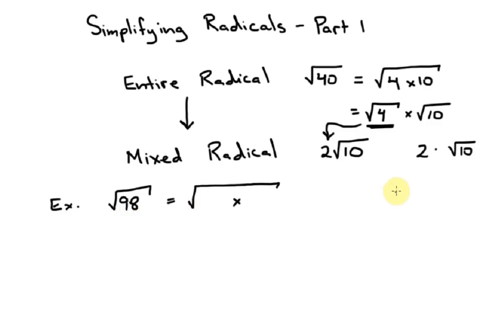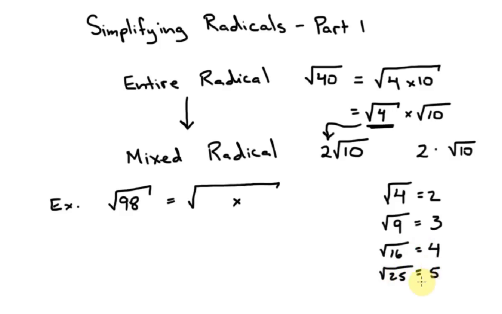Well, square numbers would be 4, and that's because the square root of 4 becomes a 2. So that's a square number, and 9 is the next square number. Then there's 16, and you probably remember most of these. And 25, and then it keeps going on forever.